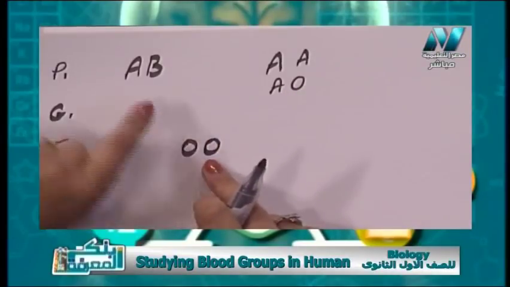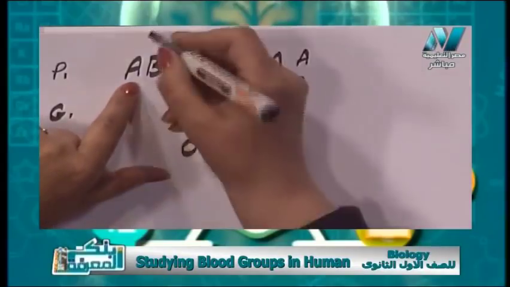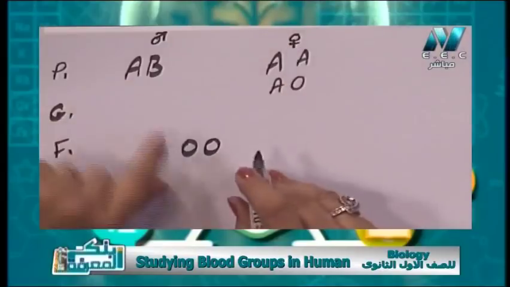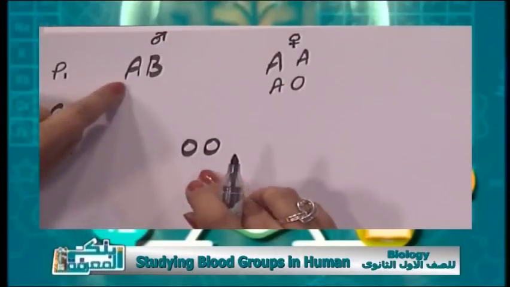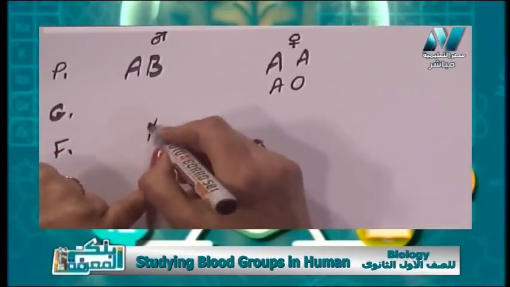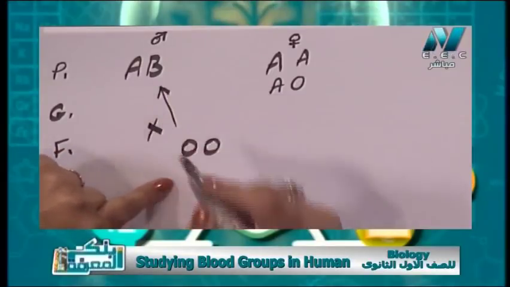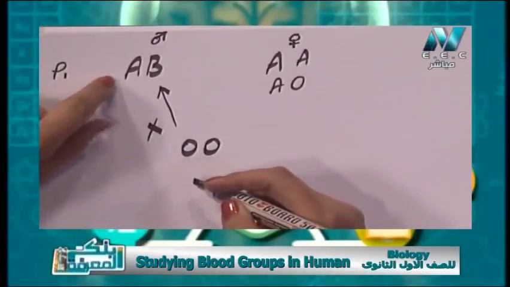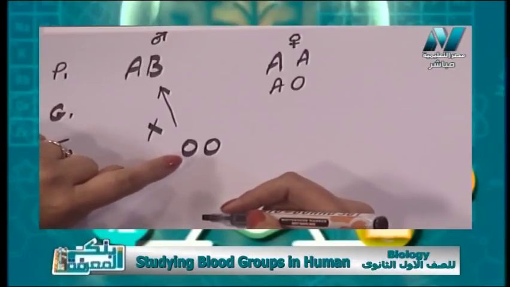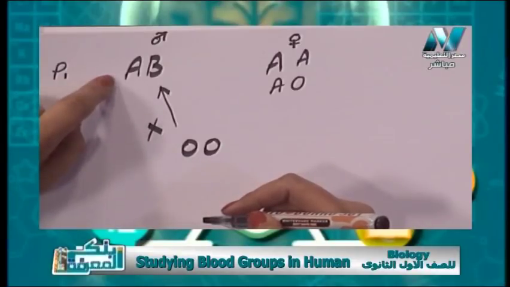So he must get O from his father and O from his mother. But the father has no O. So this child cannot be related to this man, and we can deny the relation of this child to this man.